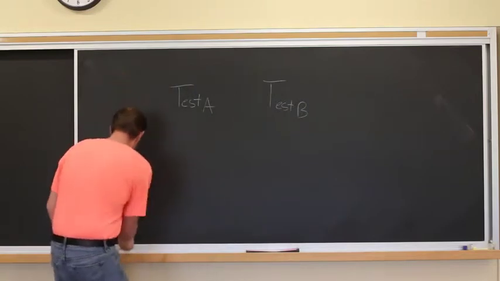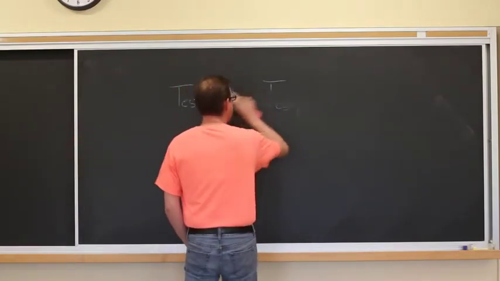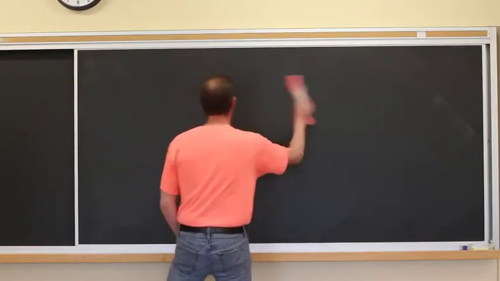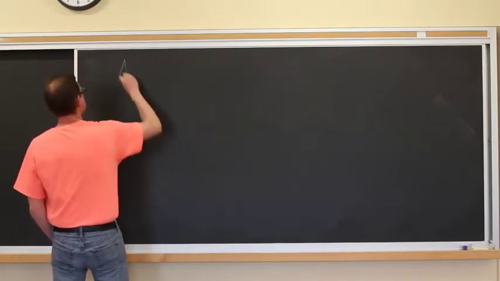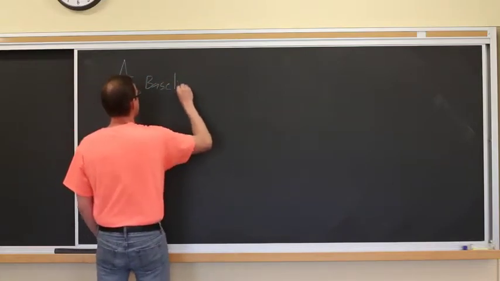So, we've got our tests and we've got the times. Now imagine that we are interested in some intervention, and I'm just going to indicate the tests. So A is going to represent a baseline, not necessarily a time anymore.